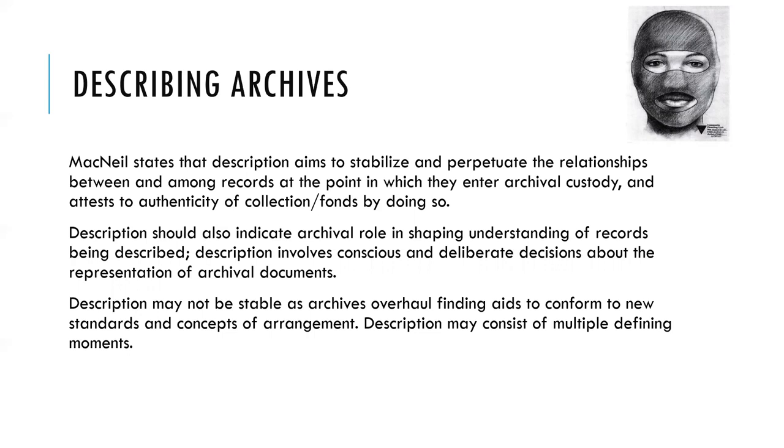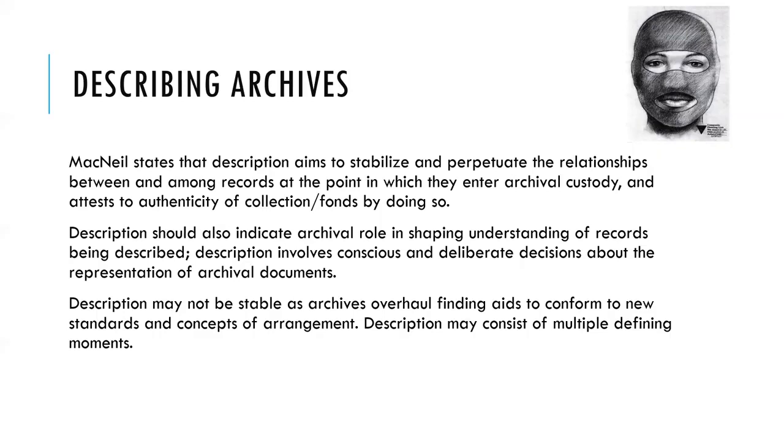So it could be a situation where records are described in a particular way and a researcher uses the collection and does research with the collection, or maybe they're an expert in the field that the collection is related to, and they can say, oh, archivist, you got this wrong. This is actually what this box is about, or the dates for these letters in this box are different from what you have on here.